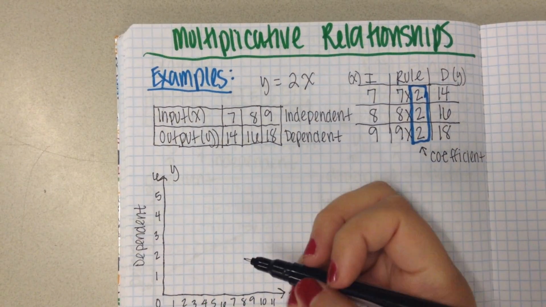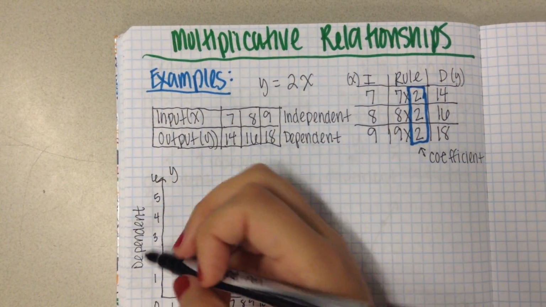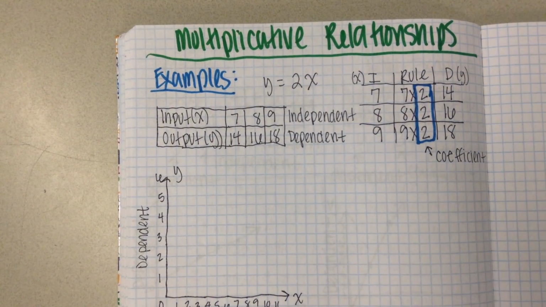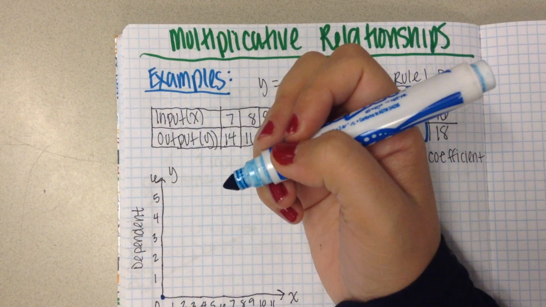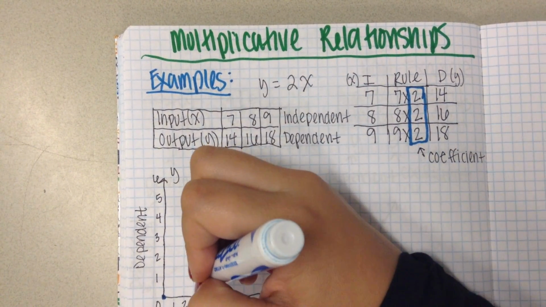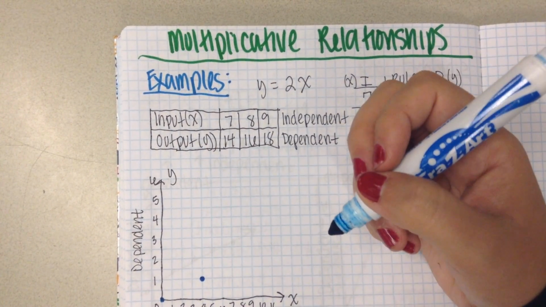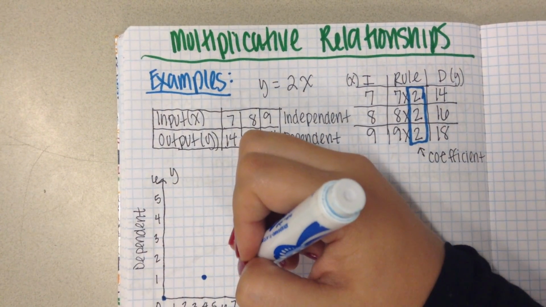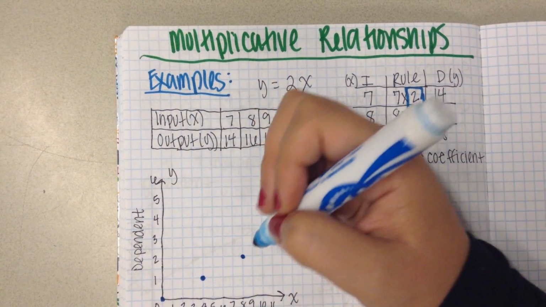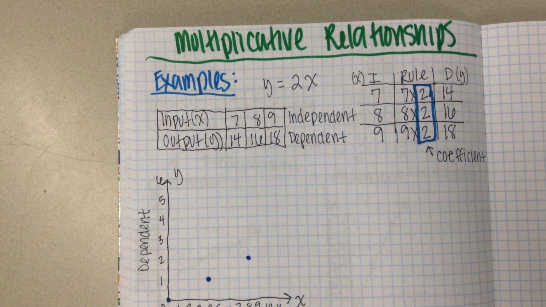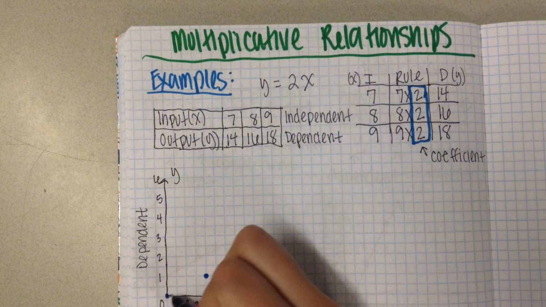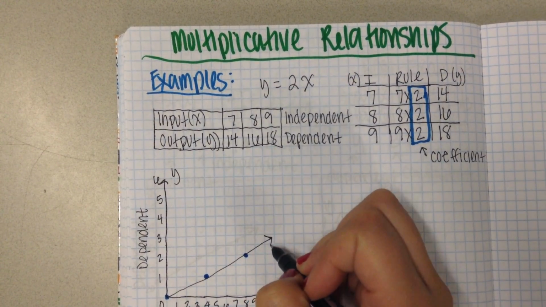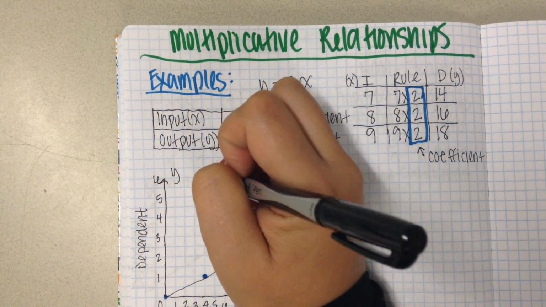Okay, and we have our points. The first point is going to be here. The second point is going to be here. The third point is going to be here. I want you to connect our points, and this is a linear graph.